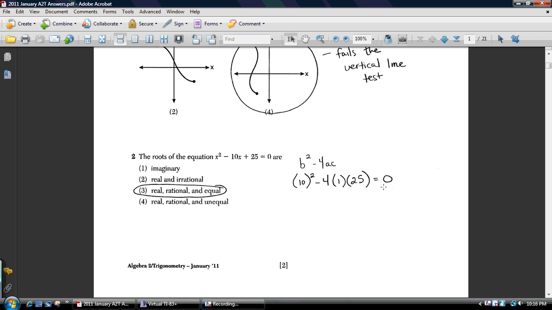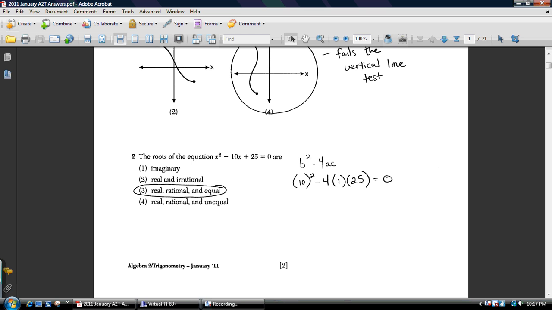If you had gotten a negative number, the roots would have been imaginary. If you had gotten a random number that you could not take a square root of, the roots would have been real and irrational. If you got 0, you'd get real, rational, and equal. That's a fancy way of saying there's just one root.